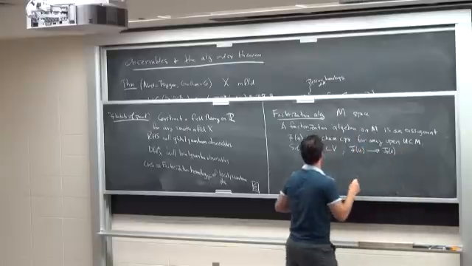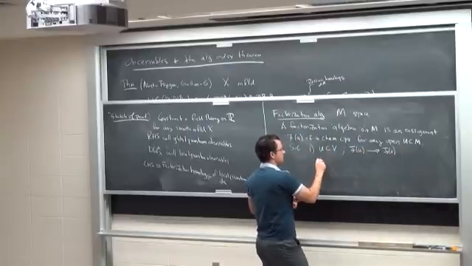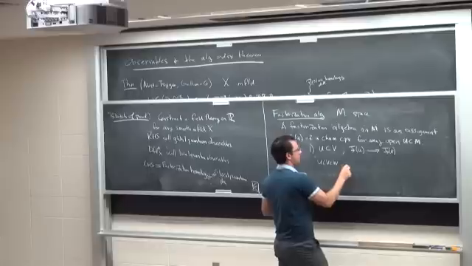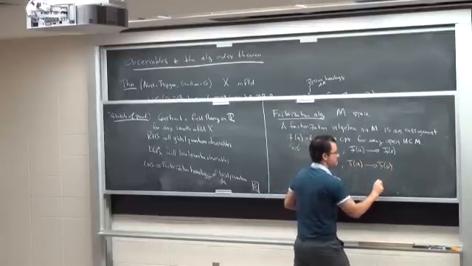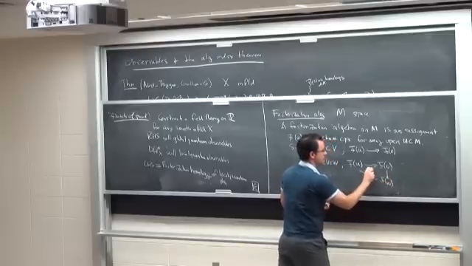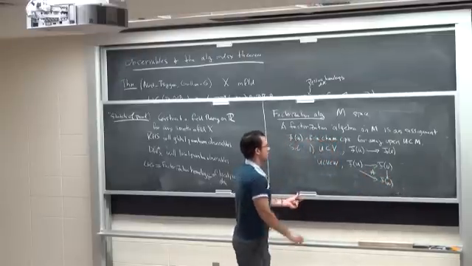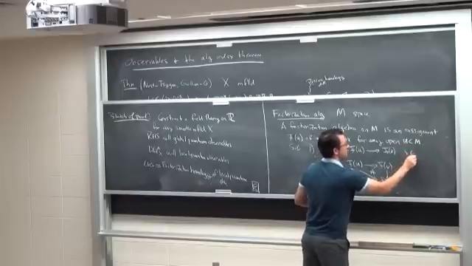So if I have U, V, and W, then I have the obvious diagram. So this should commute.